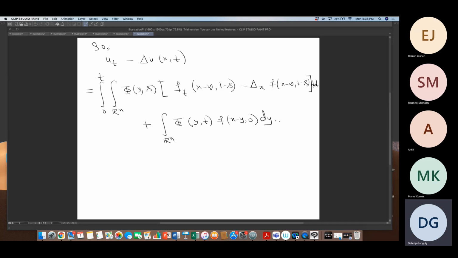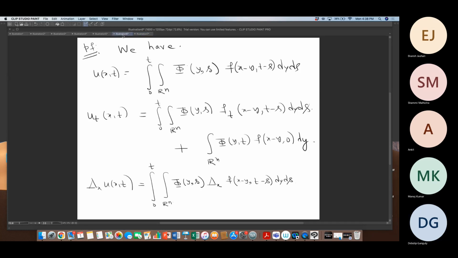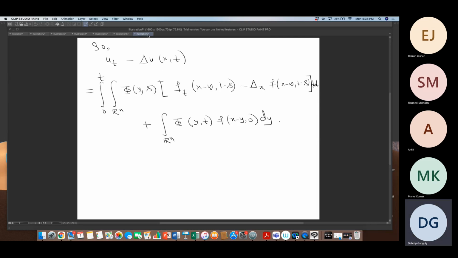Is that clear? I just subtract these two parts, so this part plus this part. Is that okay?